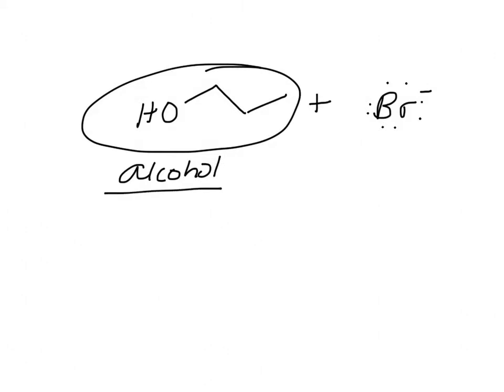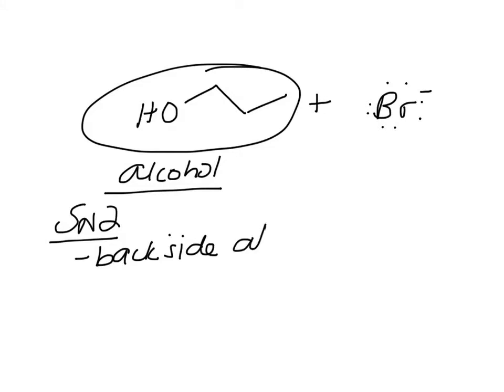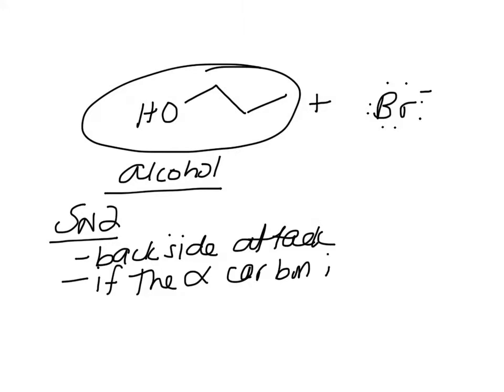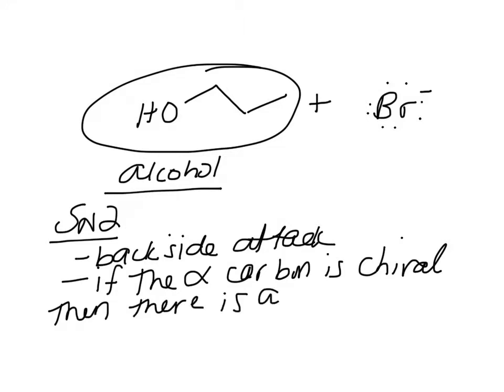Now a couple of things about this reaction that we need to note and remember. So again, with an SN2 reaction, we have backside attack. If the alpha carbon is chiral, then there is an inversion of configuration.